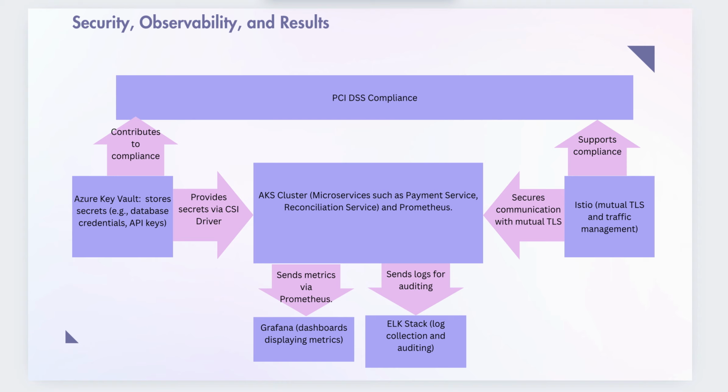Grafana paired with Prometheus delivers real-time metrics for the AKS cluster and microservices such as CPU usage, latency, and pod health. Custom dashboards and alerts notify us of issues like latency spikes or pod failures, enabling proactive resolution to maintain 99.99% uptime.